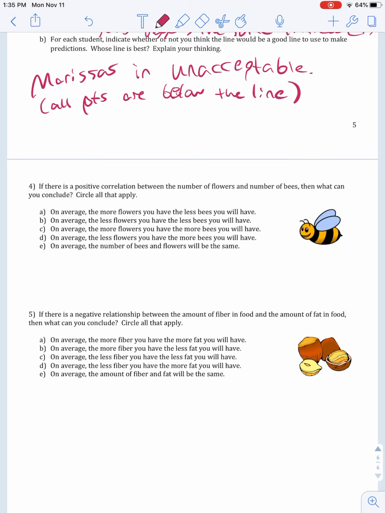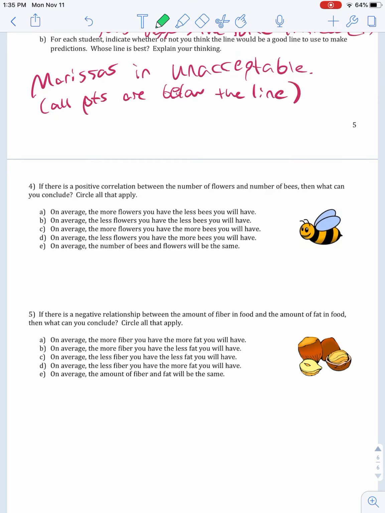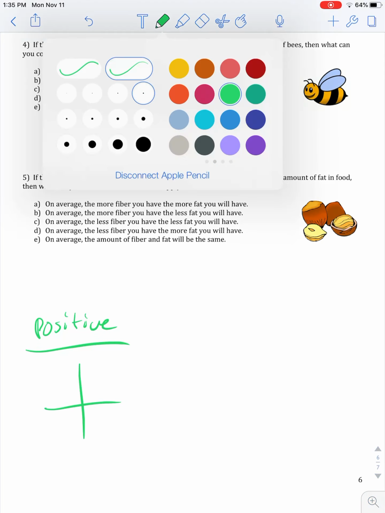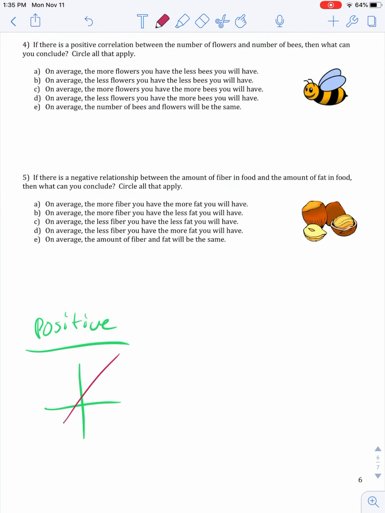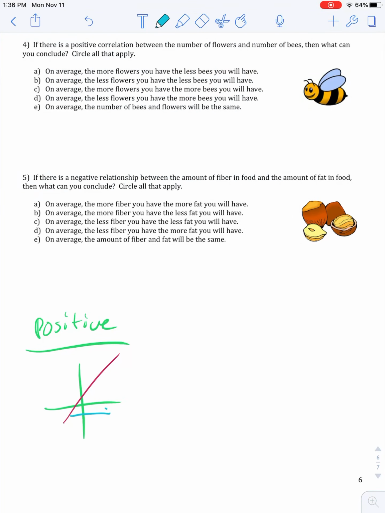Number 4, a couple of quick questions here about the relationship between positive and negative and what they mean. A positive relationship looks like this. As x increases, so does y. As x goes up, y goes up.